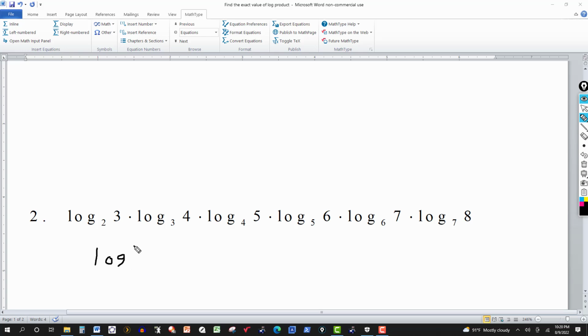So this is to be the log of 3 to base 2. Leave that one the way it is. The next one I'm going to change the base. Again, this is still times here. So it'll be the log of 4. And the new base I'm going to pick, look at the previous base 2, because I want things to cancel out.